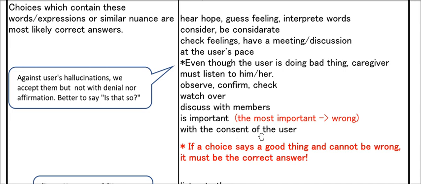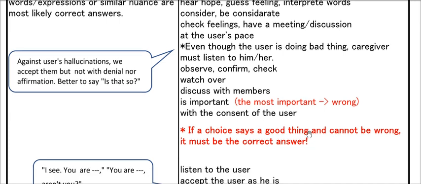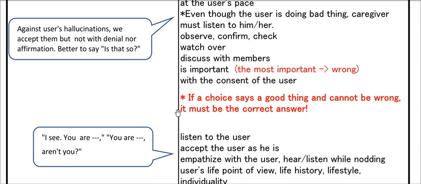With the consent of the user, good. And this is very important, you know. If a choice says a good thing and you think this answer cannot be wrong, in that case it must be the correct answer. You believe it.